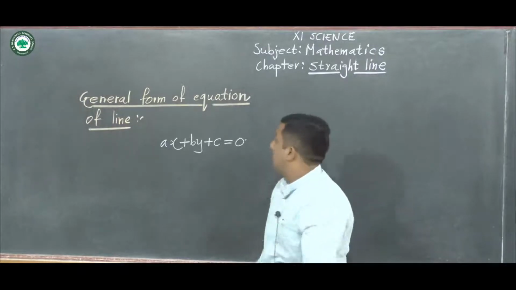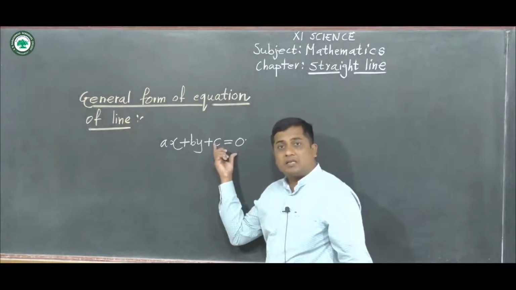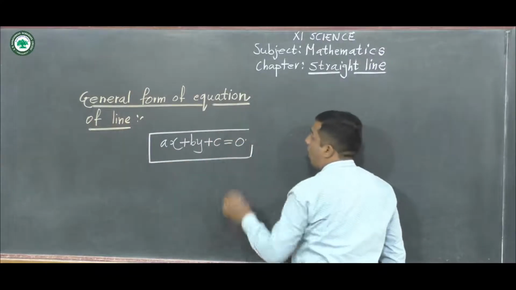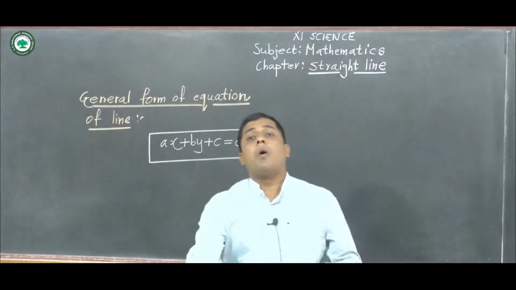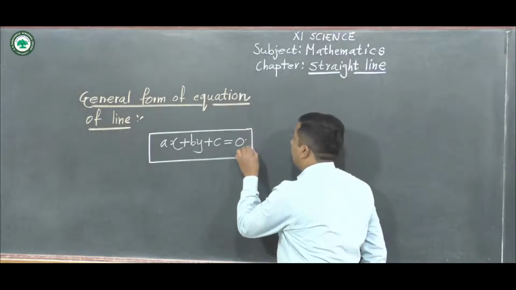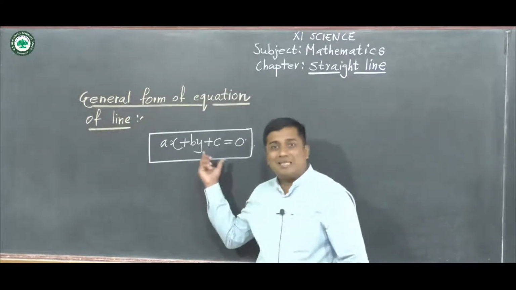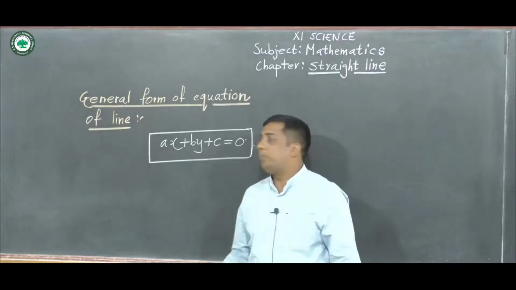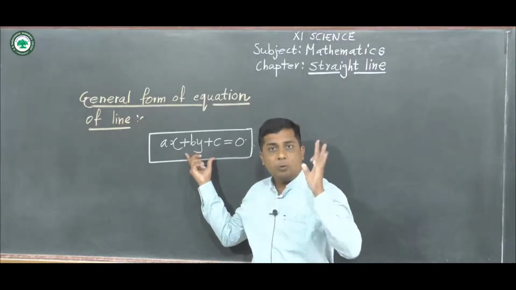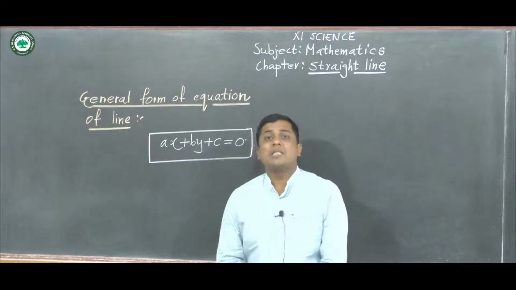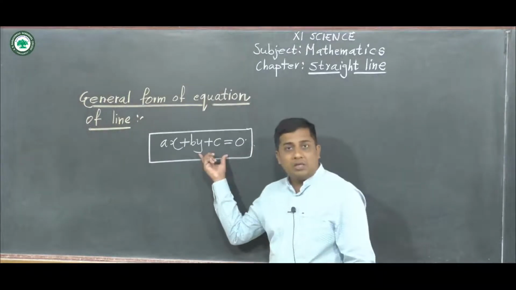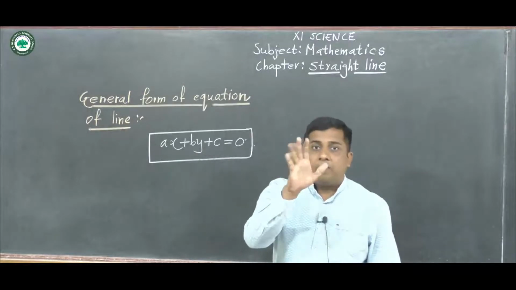We consider the equation ax plus by plus c equal to 0, and this equation is called the general form of the equation of a line. So remember this equation. In today's lecture we go with the concepts related to this general form.